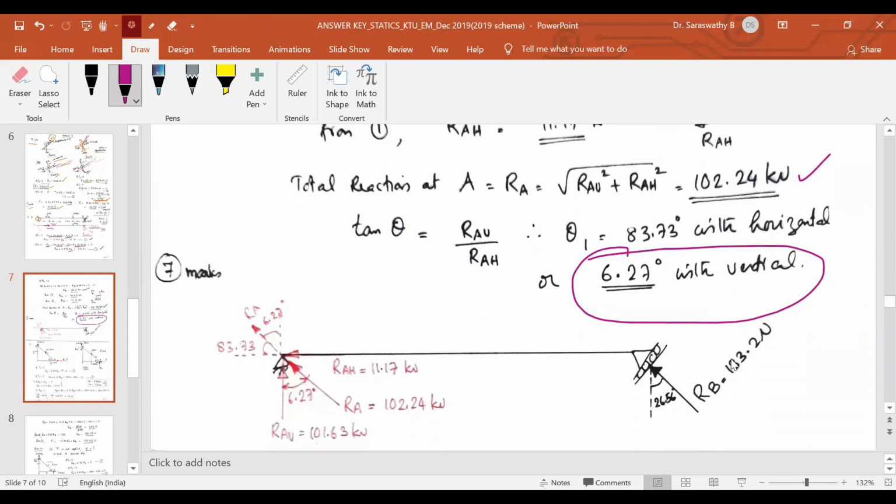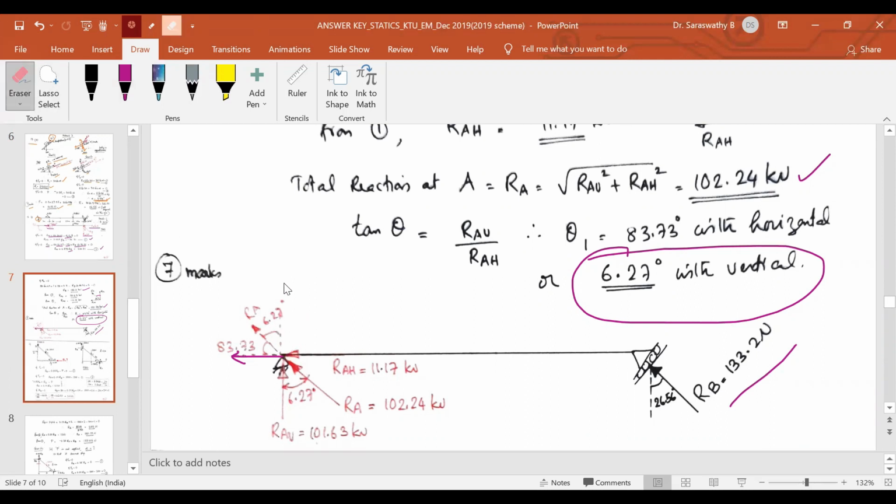Okay, so now I can mark it in the figure to make it more clear. The horizontal beam is marked. The reaction RB is marked normal to the surface, 26.56 with vertical. Here, RAH towards left, or you can mark here also. You can mark RAH towards left, RAV upwards.